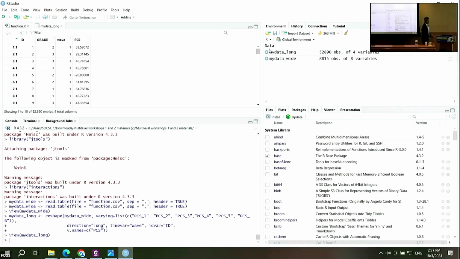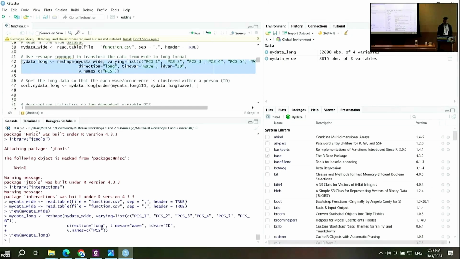So that's what this next command does. It sorts your data so that it's in the right order. We order our data using the ID variable. You sort the data by ID and then by wave, by the individual ID and then by wave.